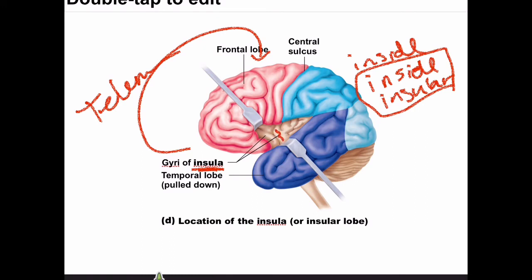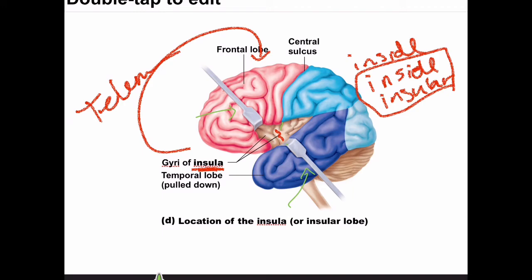And if you remember, we have the sulci itself where it's sinking down. And so we're finding it in between the frontal lobe and the temporal lobe. So here's surgical implements helping us see that. And we'll look at some of the processing that happens on the inside. Generally, it's going to be a little bit more like basics, like emotions, regulation, stuff like that. A few other types of important processing.